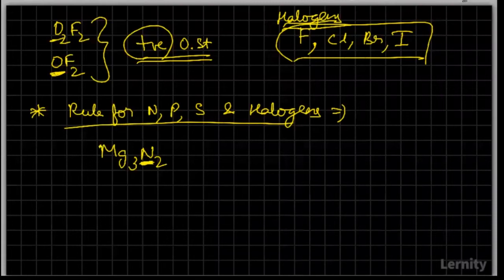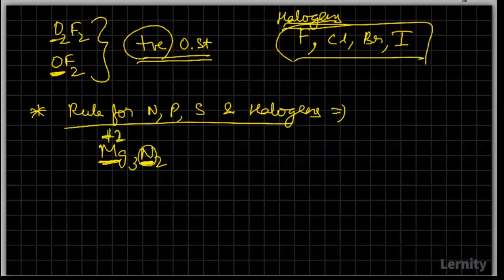Not everyone has answered it correctly. See here, I just told you that alkali metals and the elements present in alkaline earth metals have a fixed oxidation number, and magnesium belongs to the alkaline earth metals. So magnesium will have a fixed oxidation number, which I'll take as +2.